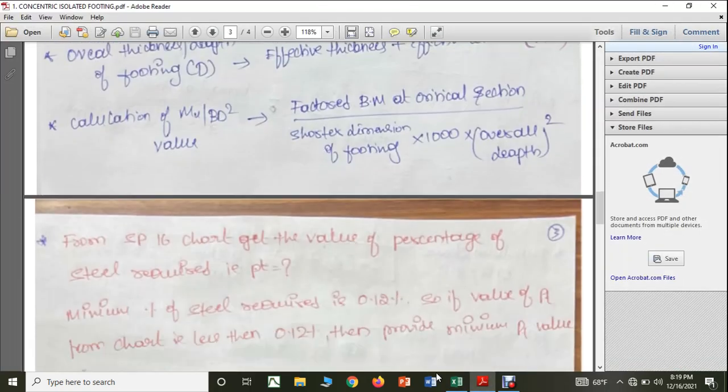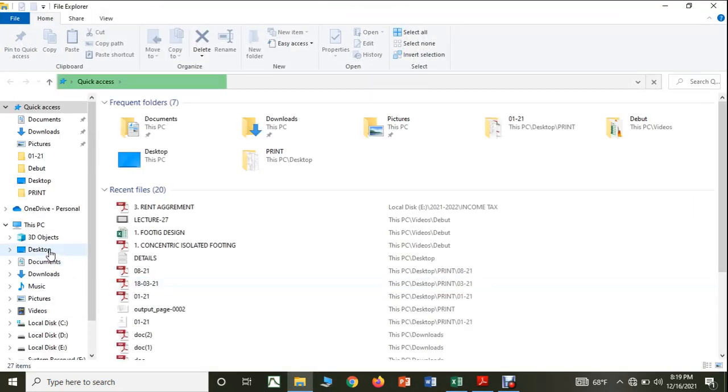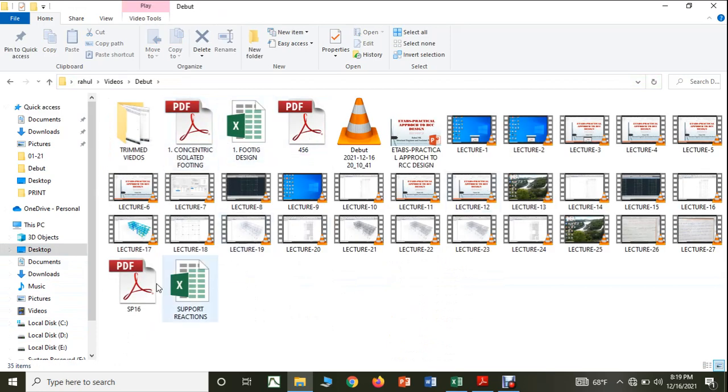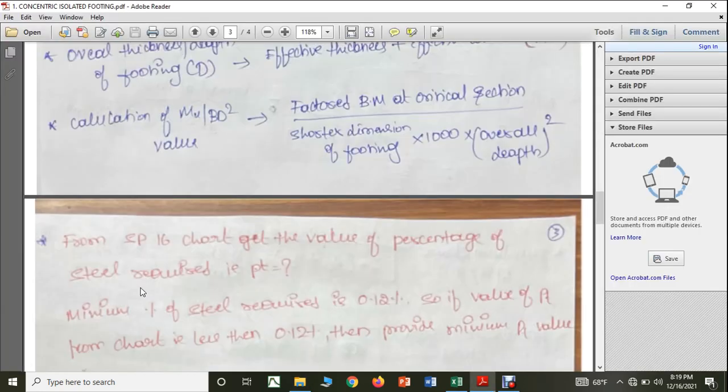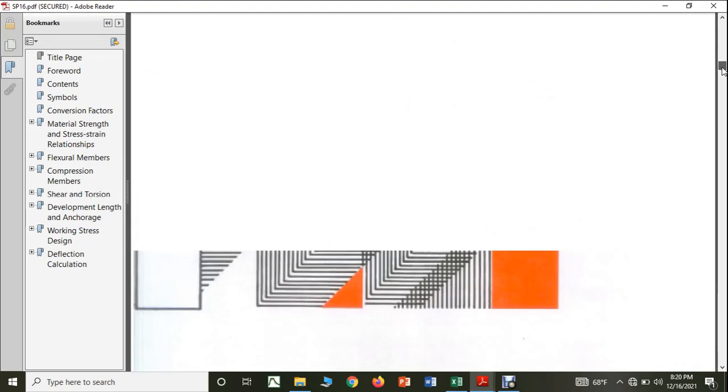Once you get the Mu by bd square, you are supposed to go to the SP16 chart. In the SP16 chart, I have to go to the table. Let us see now.